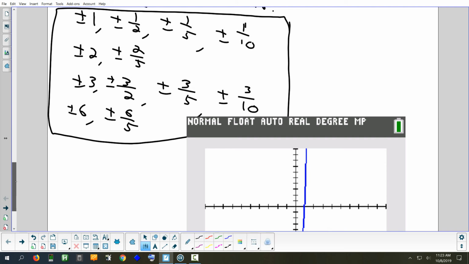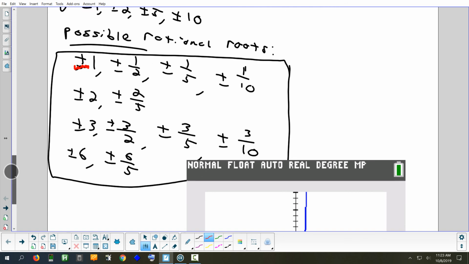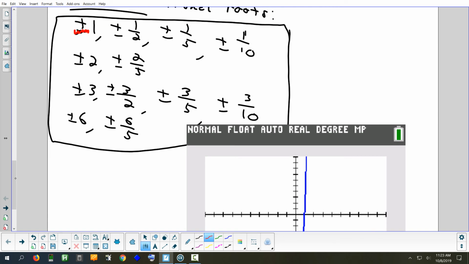What does that look like it crosses pretty close to? 1. Does it look like it crosses close to -1? No. So I'm going to cross out and try to do it in a different color. You don't have to cross these out in your notes because then you won't be able to read it, but I'm just narrowing my list down. Does it look anywhere close to positive or negative 0.5? Not really. So that's not an option. Positive or negative a fifth, that's 0.2.